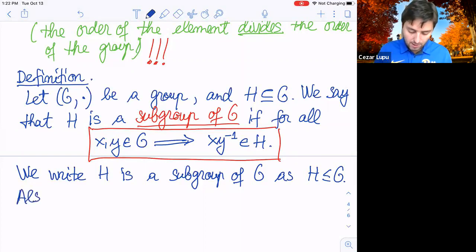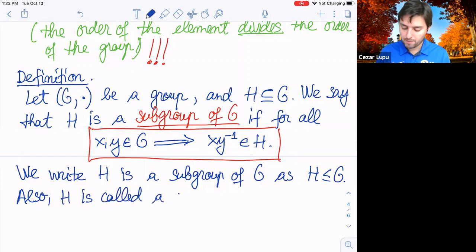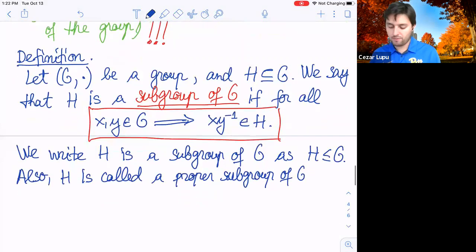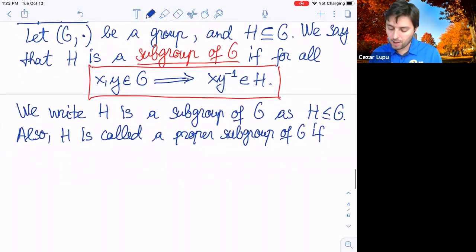Also, let me tell you that H is called a proper subgroup of G if H cannot be G. You know, sometimes the subgroup can coincide with the entire group, so we don't want that.